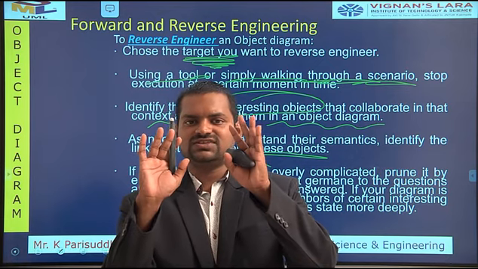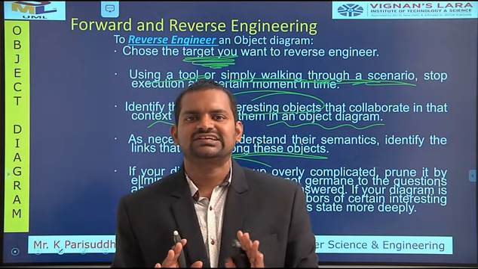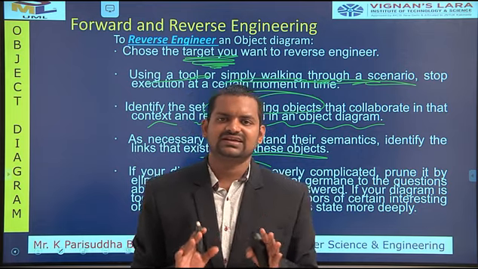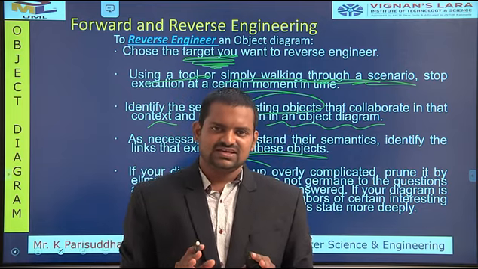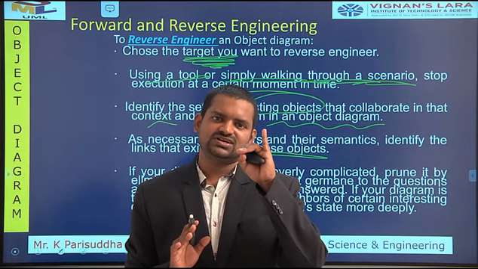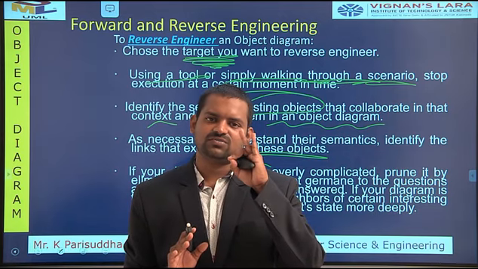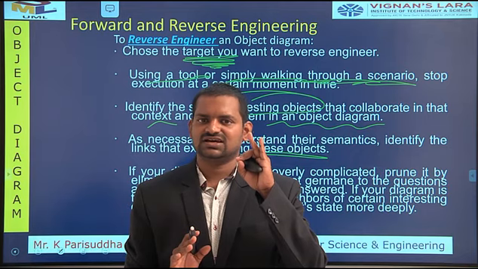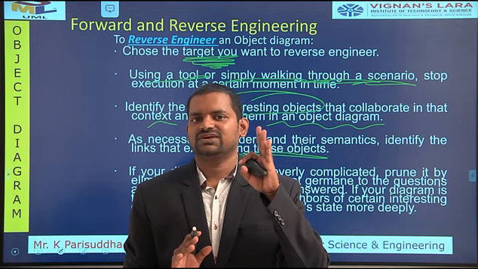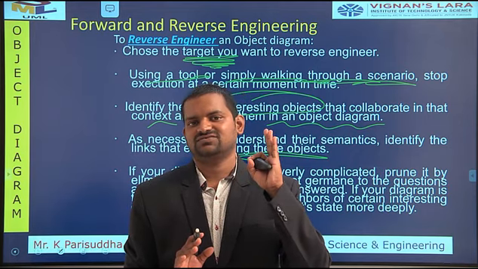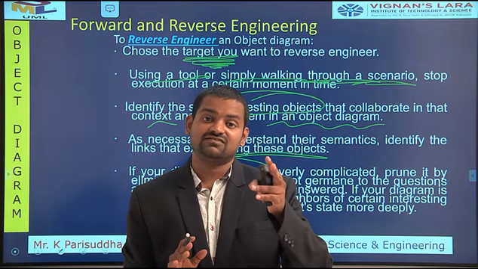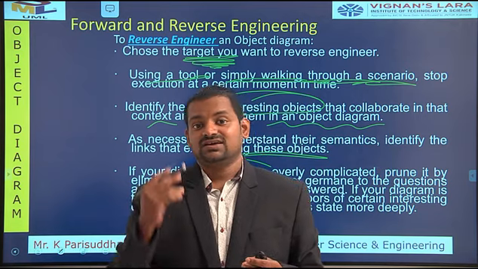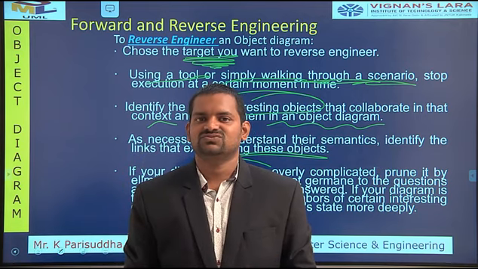Okay, so with this we completed the object diagram. What we learned, the conclusion and summary of this class: class diagram terms and conditions, class diagram common modeling techniques, class diagram simplification, forward engineering and reverse engineering. Forward engineering you follow in a simple manner, but in reverse engineering you first target the language you are going to develop.